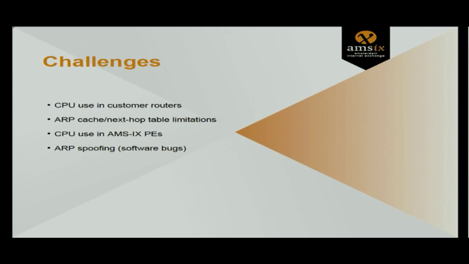First of all, the baseline CPU use of customer routers is an issue because, well, the more routers you add, the more ARP, and ARP gets processed by these router CPUs. Then there's the ARP cache of the customer routers. We will be migrating to a /21 in a year or so.